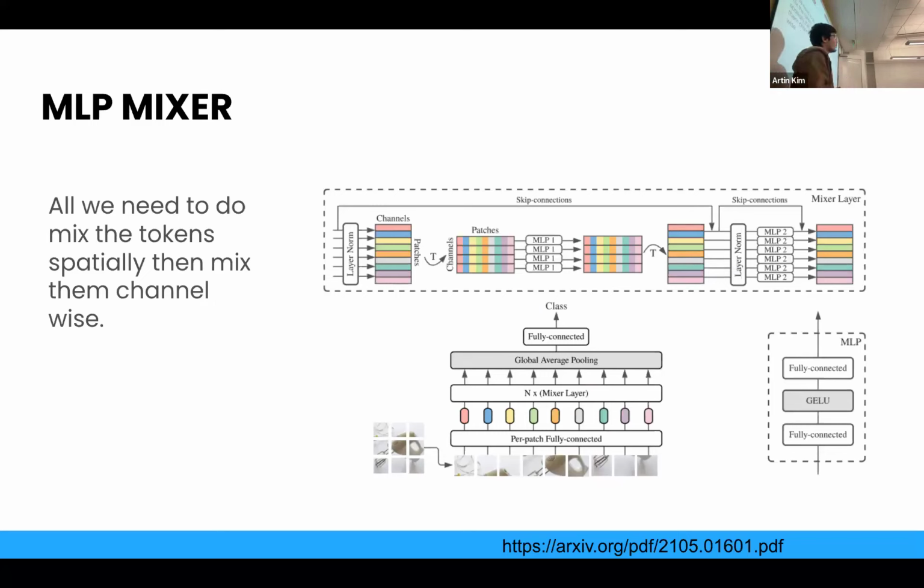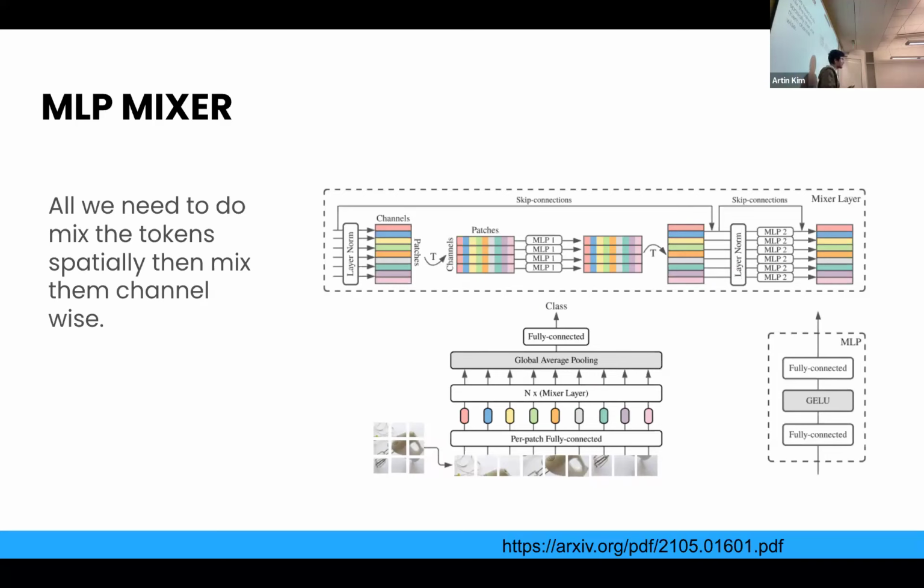The abstraction of all this, why transformers are really powerful, is that self-attention was the mechanism, but what it did was just mix all the tokens in the spatial dimension, right? There's a token here, some tokens or words over here, and it just aggregated them. It doesn't matter how you aggregate them, you just need to aggregate them in some nice way.